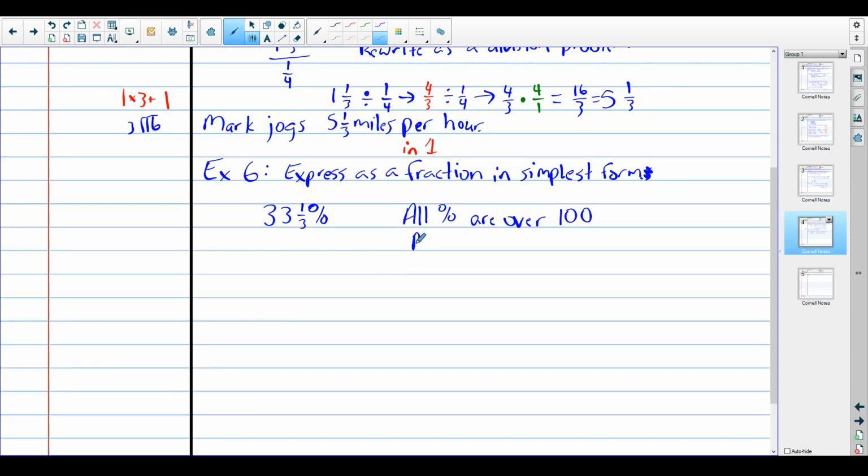And then we want to rewrite, because percent means per 100, cent meaning 100. It's like a fun fact for you. So 33 1/3%, we're going to rewrite that as 33 1/3 over 100.